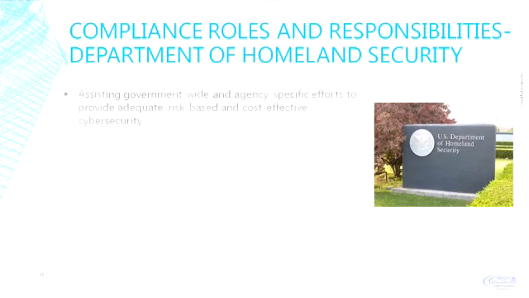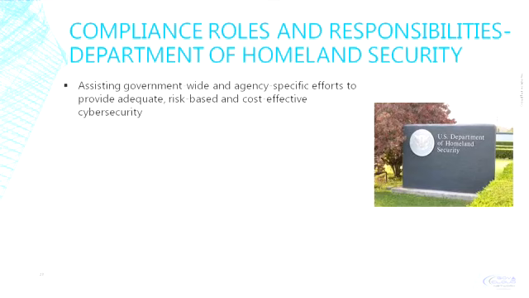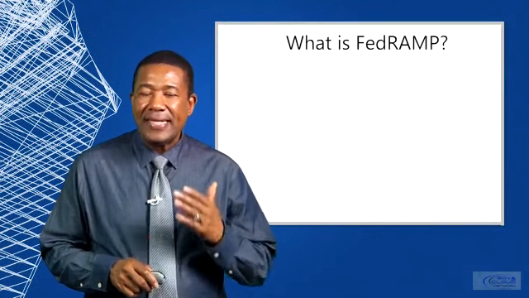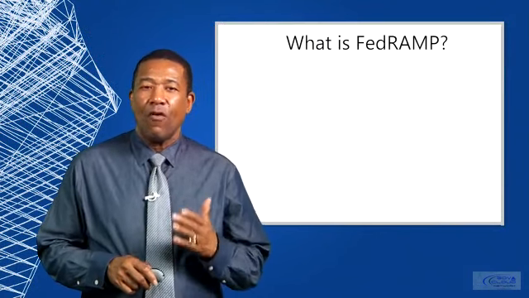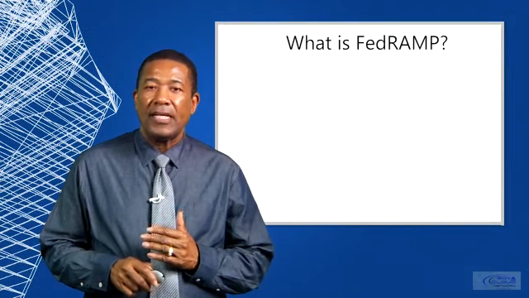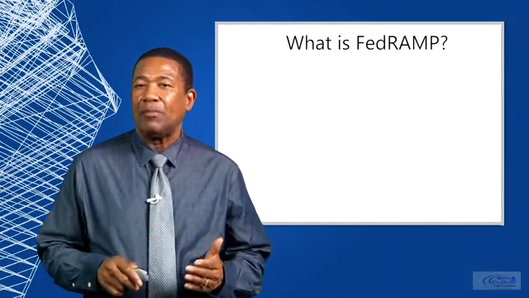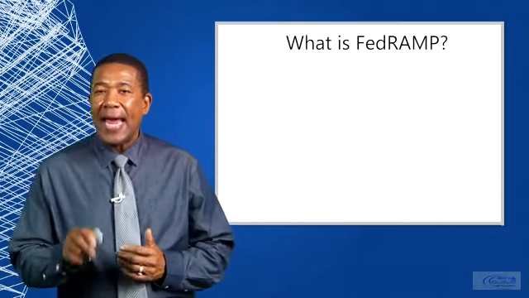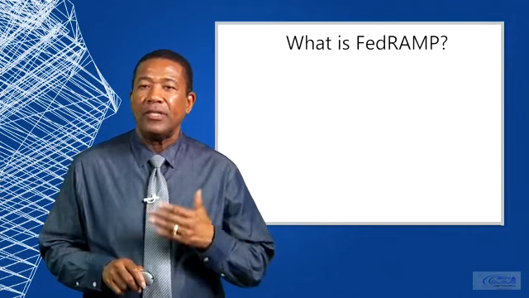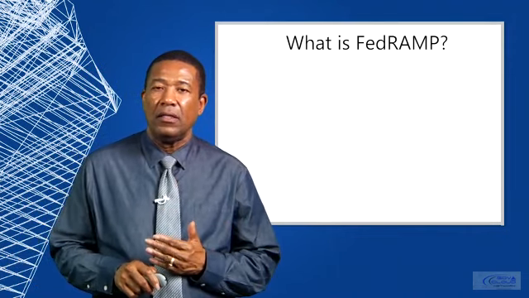Assisting government-wide and agency-specific efforts to provide adequate, risk-based, and cost-effective cybersecurity is a key responsibility for the Department of Homeland Security. They coordinate all cybersecurity operations and incident response, and they also provide appropriate assistance where necessary.